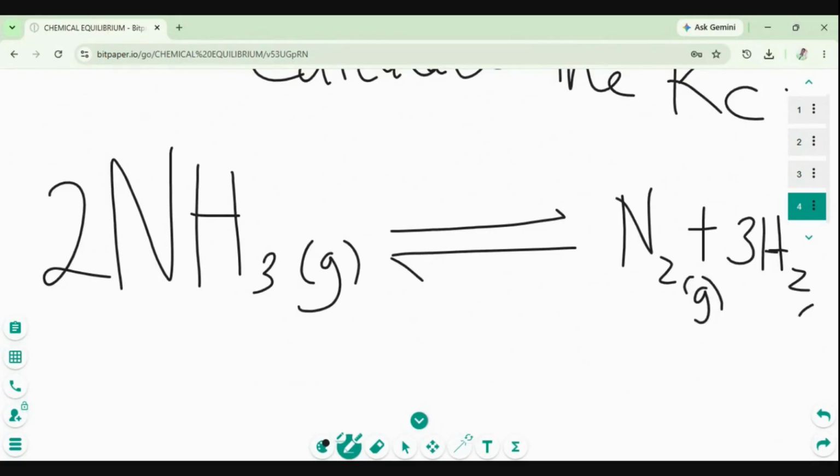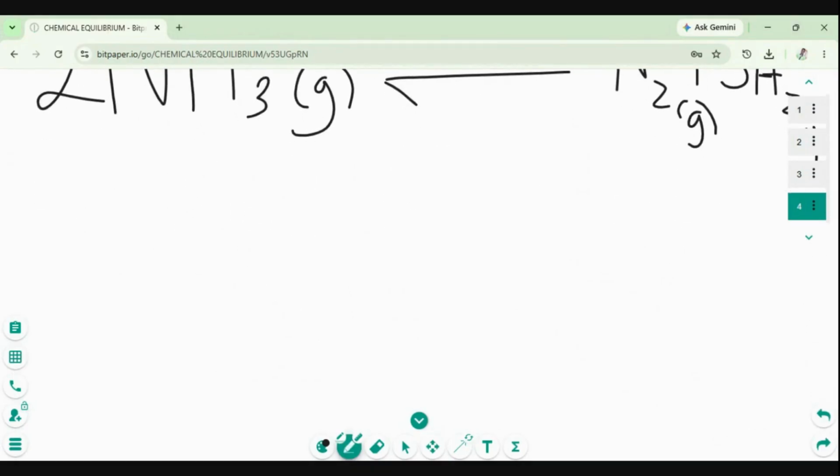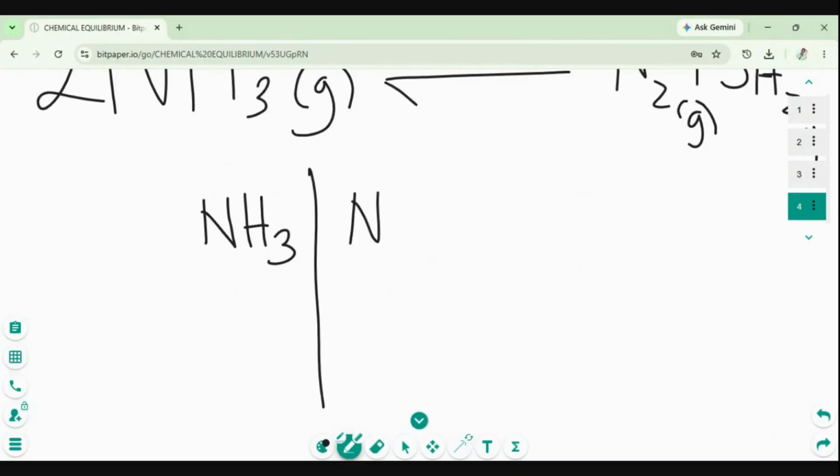This is a gas. This is also a gas. Next thing in line is to draw your ice table. So we draw our ice table. Your ice table tells you you have ammonia, you have nitrogen, you have hydrogen.